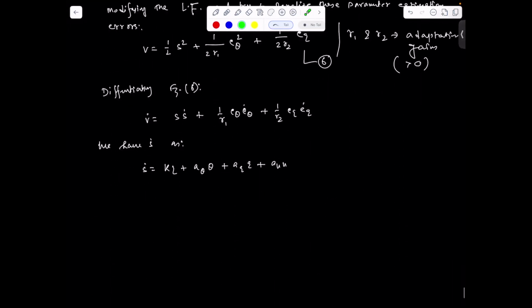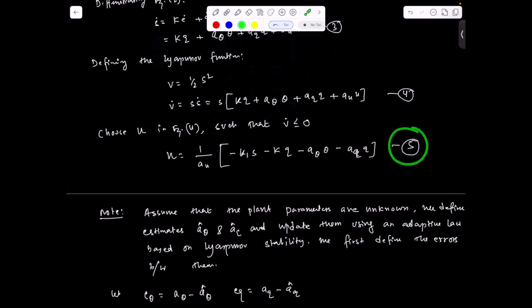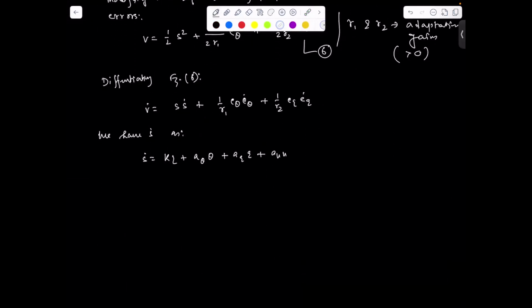Now in the control, equation 5, we'll replace A theta and AQ by the estimated parameters A theta cap and AQ cap. To make the system adaptive, we'll be using an adaptive law for u, and we'll find the adaptation laws for E theta and EQ.